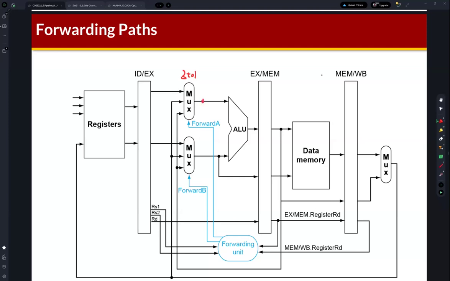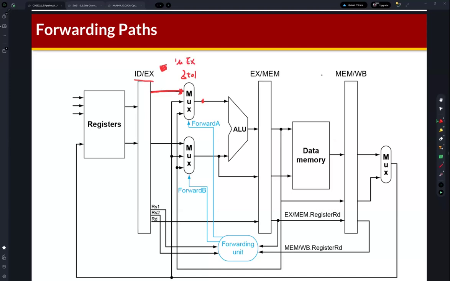So we can select the output from these 3 inputs. One of the inputs is from the ID/EX register. What does that mean? This is the RS data in the EX stage, so it's the normal data.